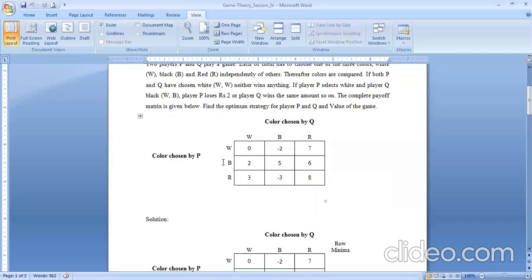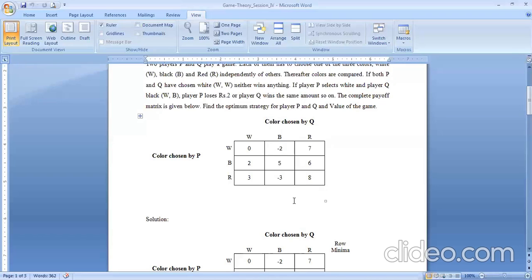When the saddle point does not exist, when the minimax is not equal to maximin, then, as I told in the previous session, the value of the game lies in between these two. That is, V is greater than or equal to minimax and less than or equal to maximin.